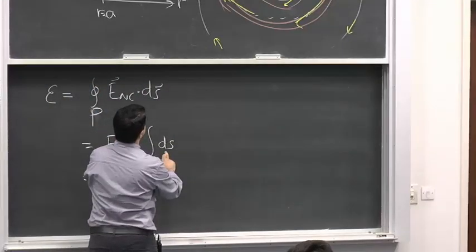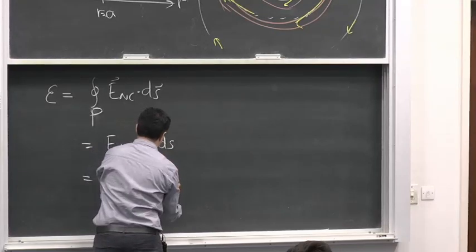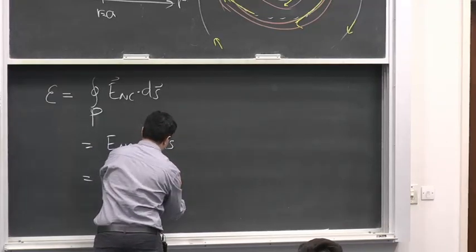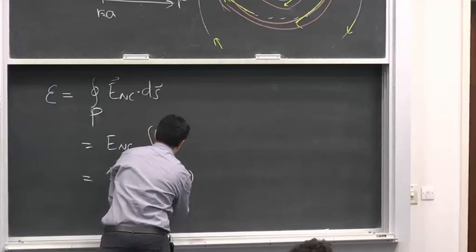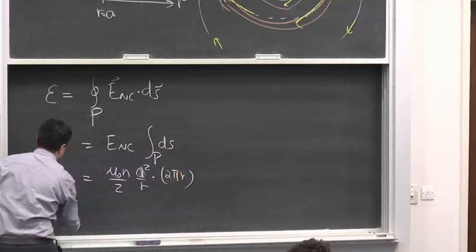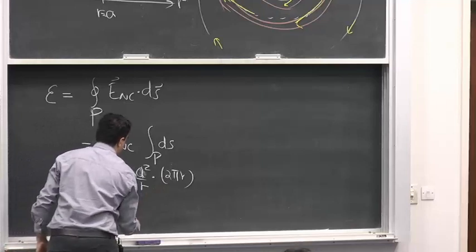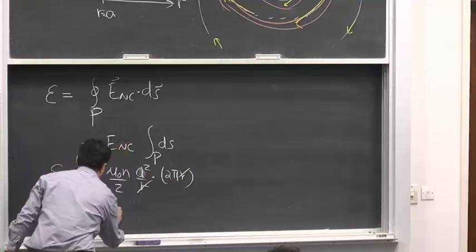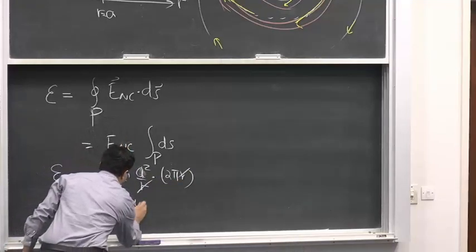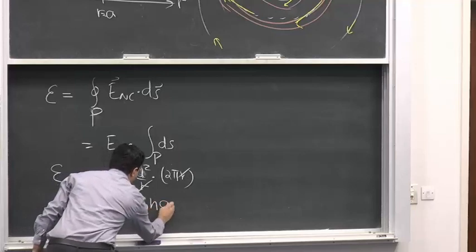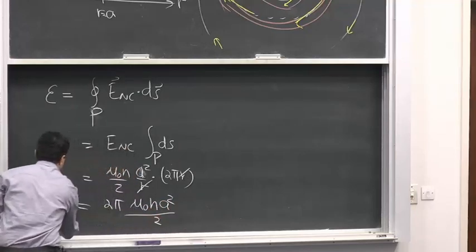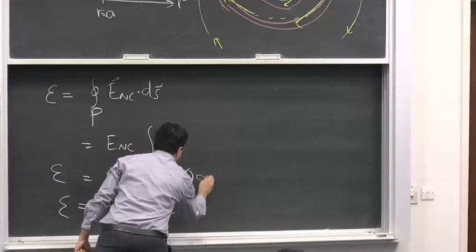What is the integral of ds over the path P? This is 2 pi r. So the EMF which is produced over that r is 2 pi mu naught n a squared by 2. That's the EMF, times di by dt.